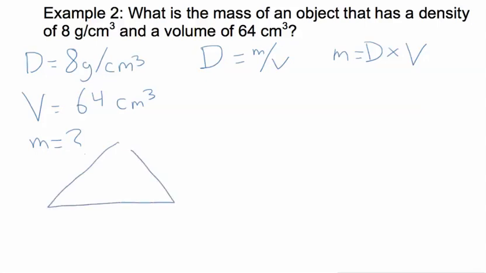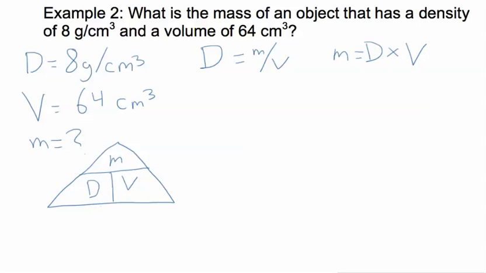So you make a triangle, and this works with any 3 variable equation. And you make there be 3 boxes. And now we need to put our equation into this triangle, and we need it to look fairly similar. So M has to be over V. The only way to make M over V is to put the M here and the V there. Density goes here.